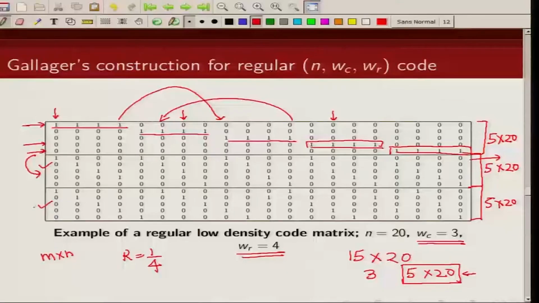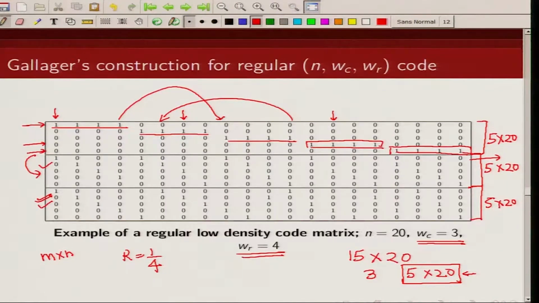I do the same for the next sub matrix. The subsequent sub matrices are obtained by column permutation, which does not disturb the row weight or the column weight.